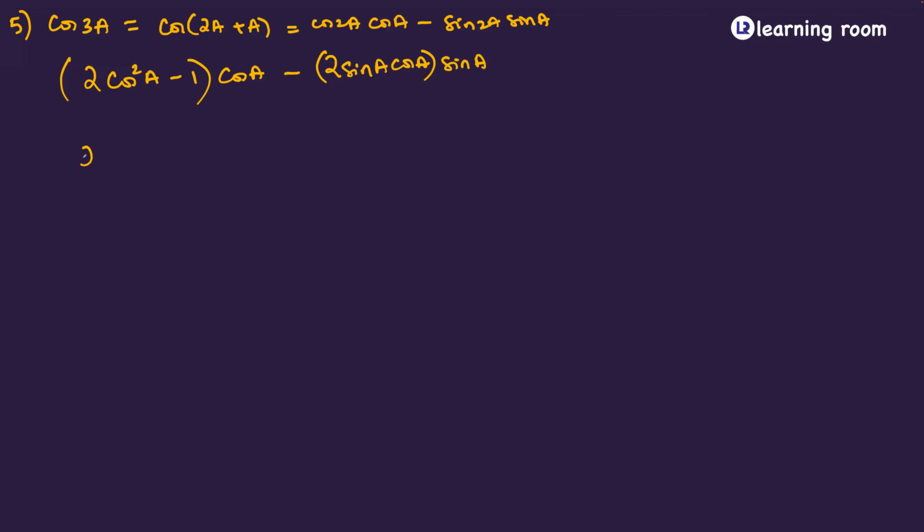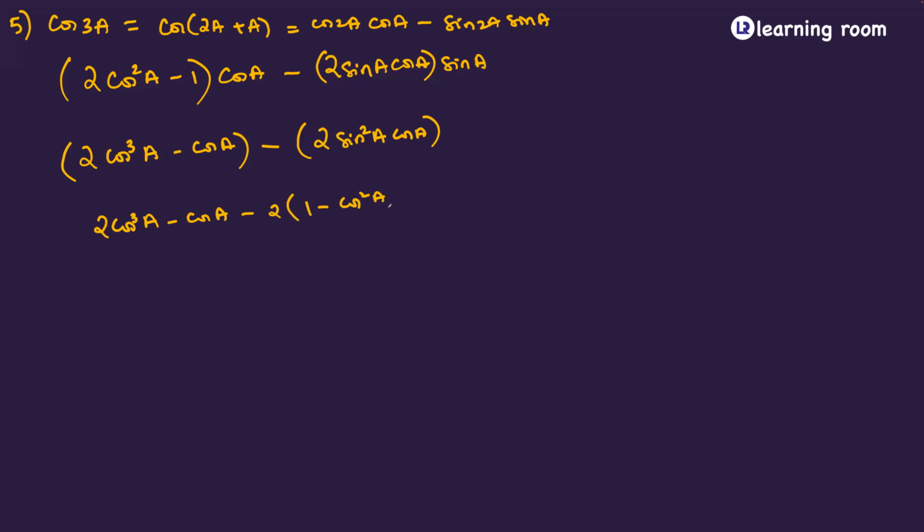So when you multiply it here, it will be 2 cos cube a minus cos a minus 2 sin a into sin a is 2 sin square a into cos a. Okay. So this will be 2 cos cube a minus cos a minus 2 into sin square a will be 1 minus cos square a into cos a.